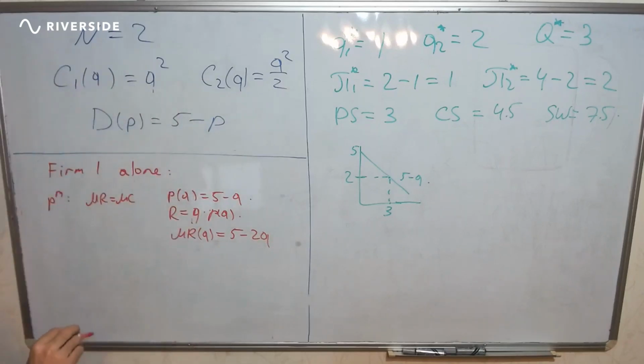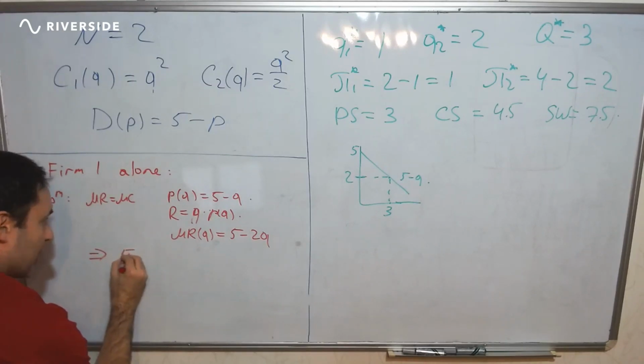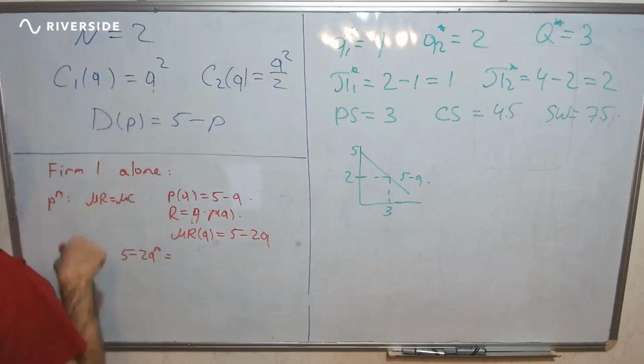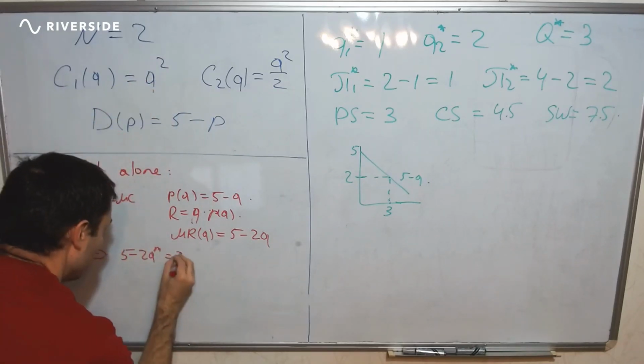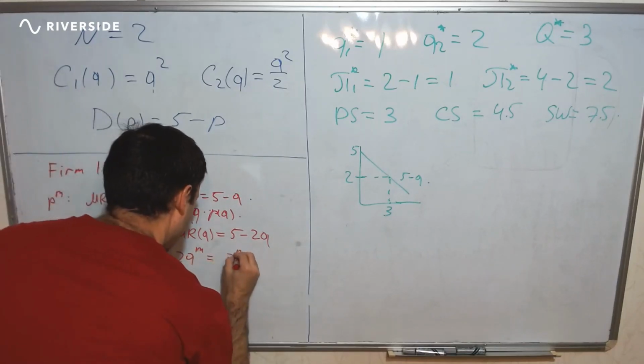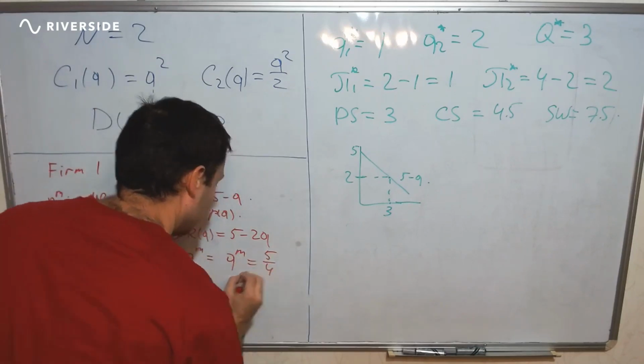Then to find the monopoly quantity, we equate 5 minus 2QM to the marginal cost of firm 1, which is 2QM. Therefore, QM will be 5 over 4.